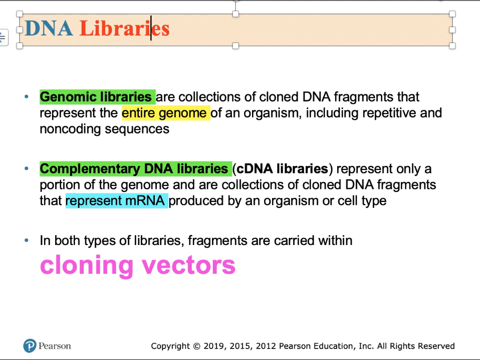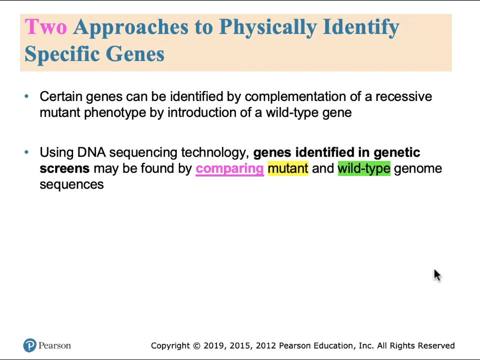But in this case, because you're using messenger RNA, not genomic DNA, you have something called a complementary cDNA library. So that represents just a subset of my genes that happen to be active in that cell type at that moment in time. And they can be useful when studying biochemical processes. So genomic libraries are the complete genome, and complementary cDNA libraries are just representing the messenger RNA active at that particular time.